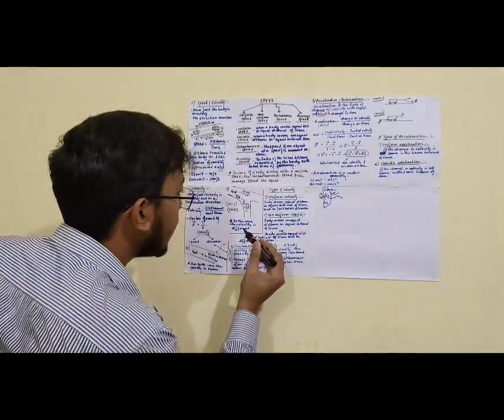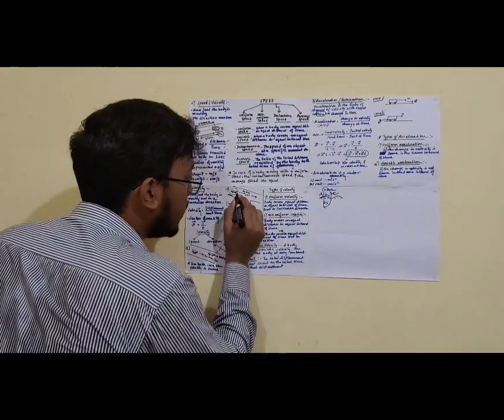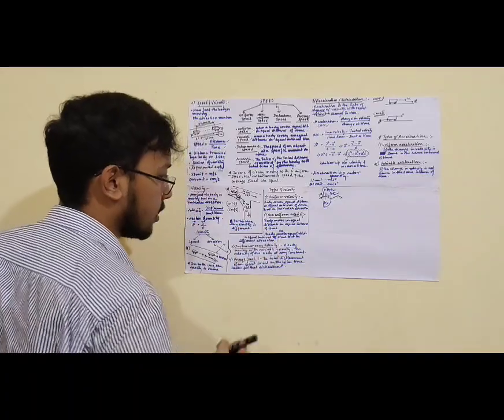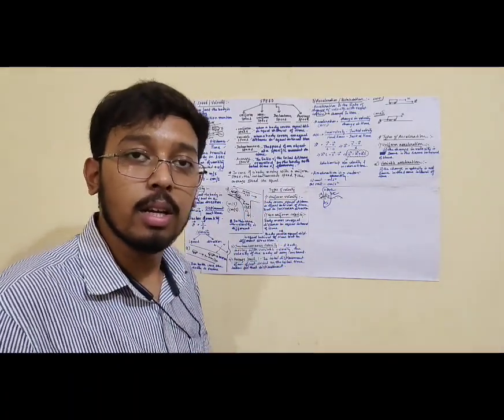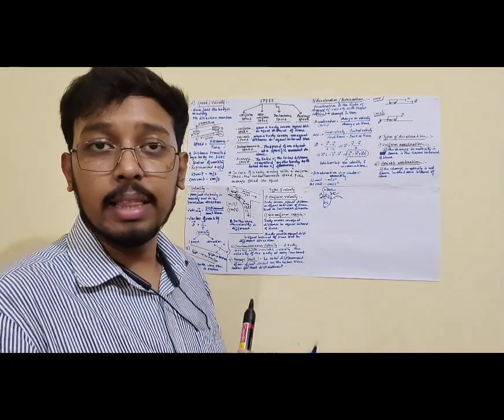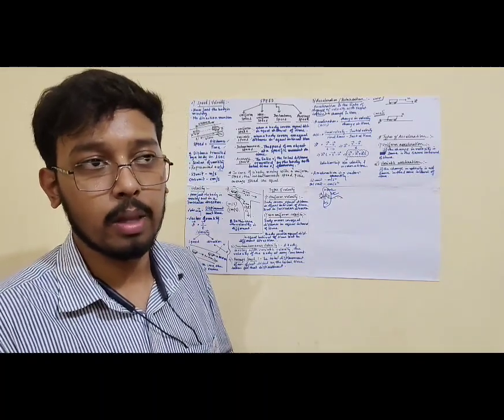As you can see here, car A is moving in the east direction, car B is moving in the southeast direction. So their directions are different. Then we will say that both the bodies are in variable velocities.